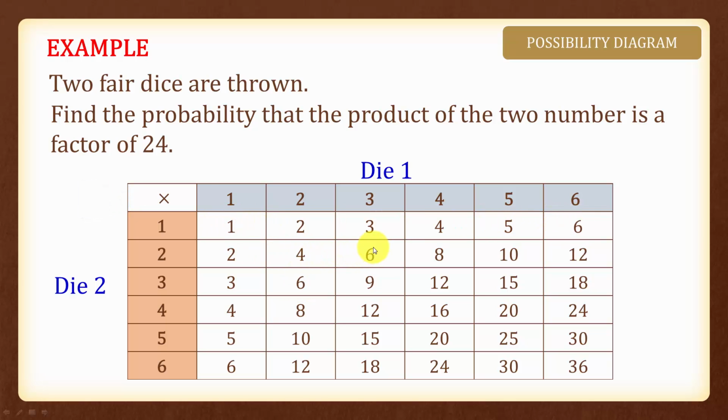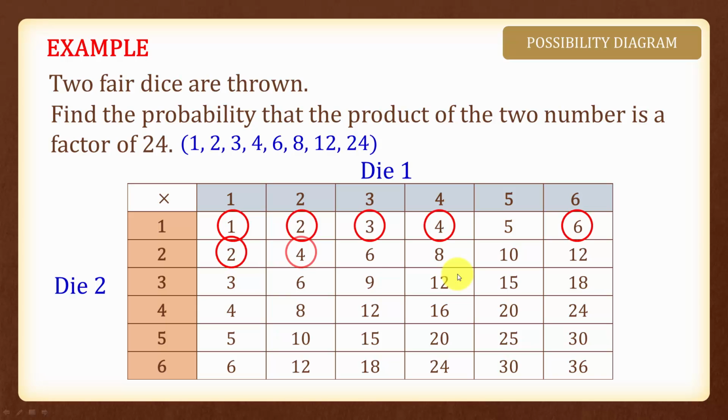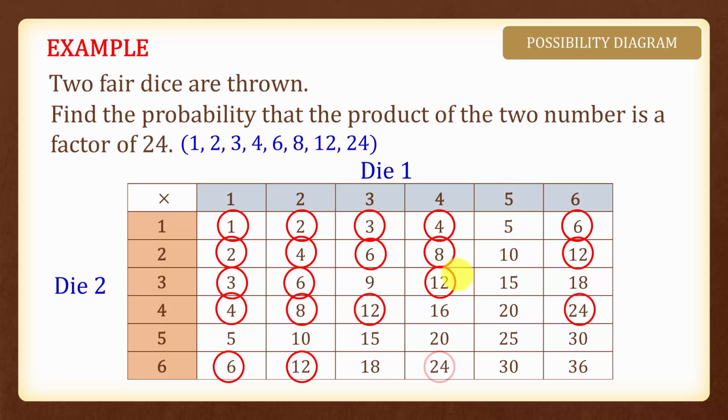Next, we are to identify which of these numbers are factors of 24. Factors of 24 are 1, 2, 3, 4, 6, 8, 12, and 24. After multiplying the numbers on the 2 dice, these are the outcomes which are factors of 24.